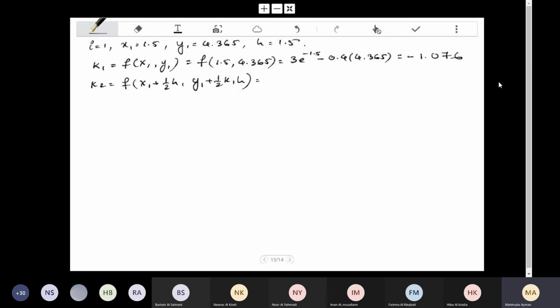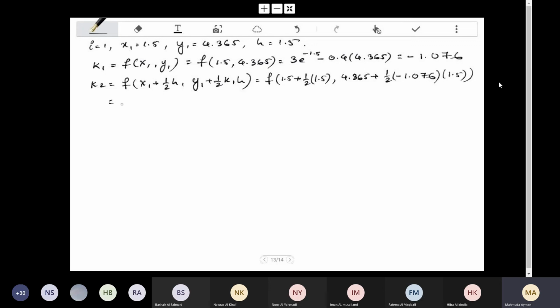So here we have f of x1 is 1.5 plus half times h, that's 1.5, comma y1, which is 4.365 plus half times k1, which we just got the value as 1.076 here, times h, that's 1.5.